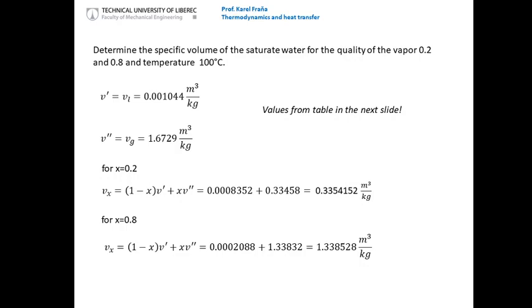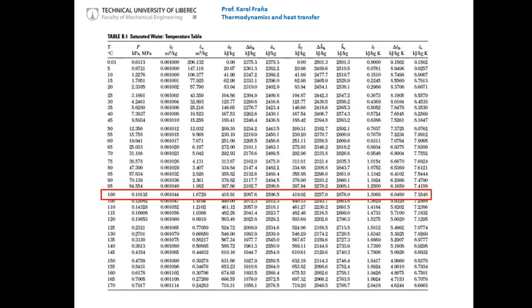I mentioned the table which you will need for the calculation, so it looks like this one. This is the table for the saturated mixture, not for the superheated vapor. So this table is only used for the area where practically two different phases exist. If you would like to calculate the superheated vapor, you have to use another table, prepared for the superheated vapor, and you will find completely different values.